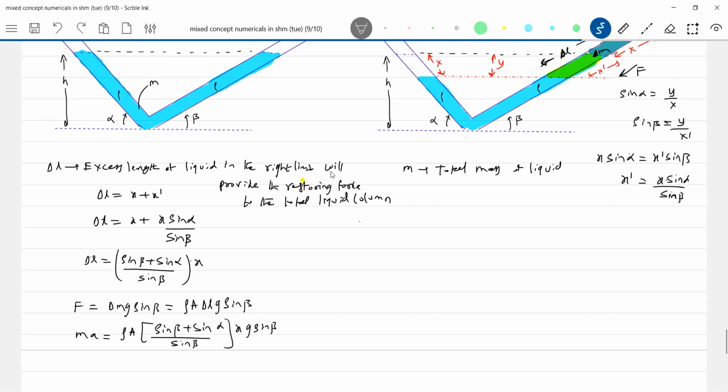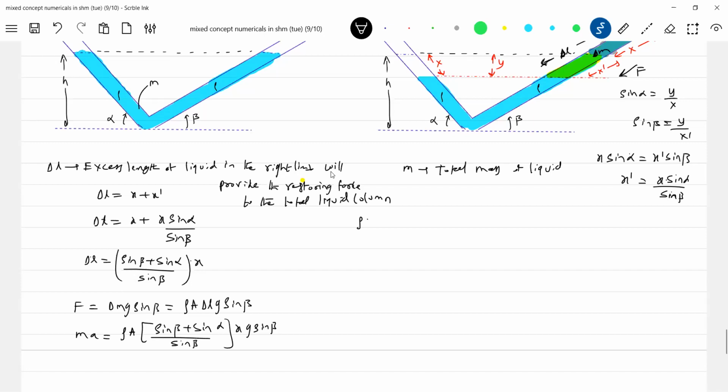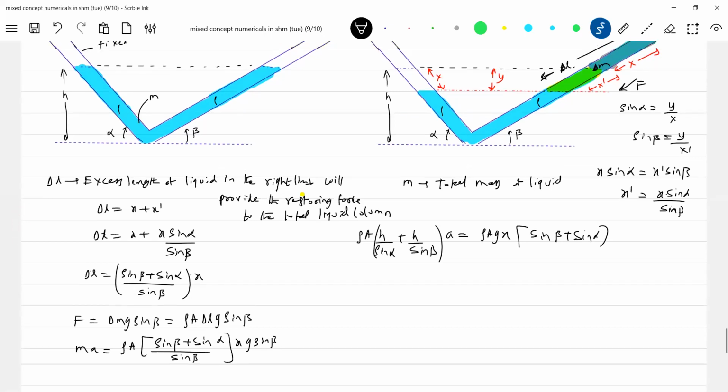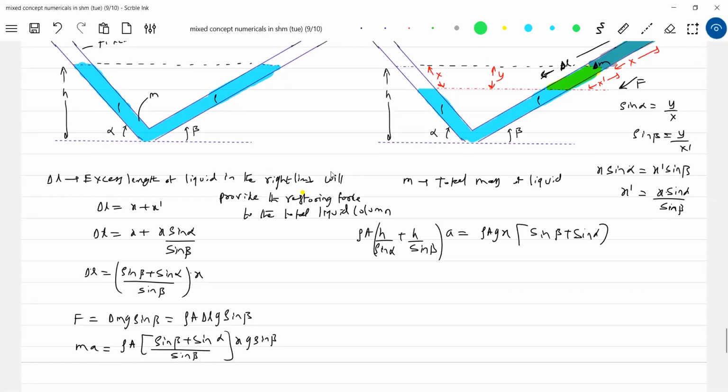What is M? We can write rho times the total length of the liquid column. Now what is the length of the liquid column? Rho A H sine alpha. Rho A G X sine beta gets cancelled.